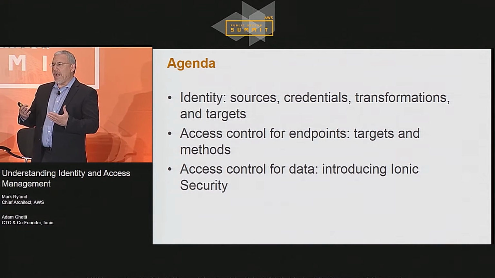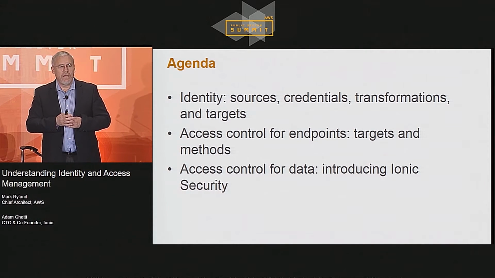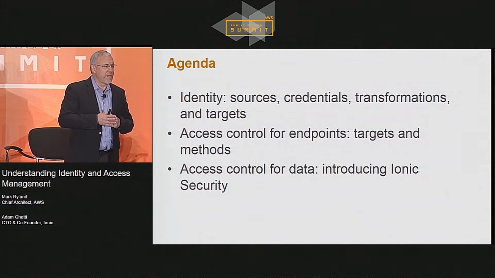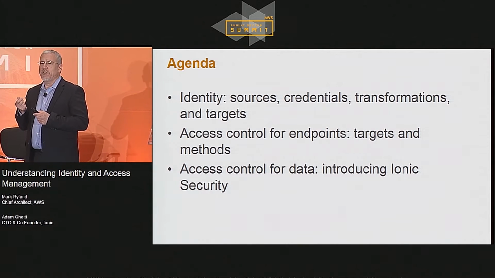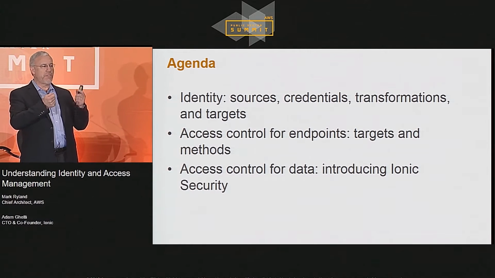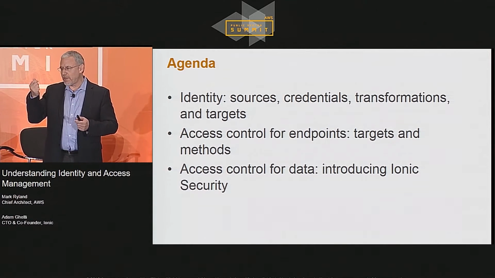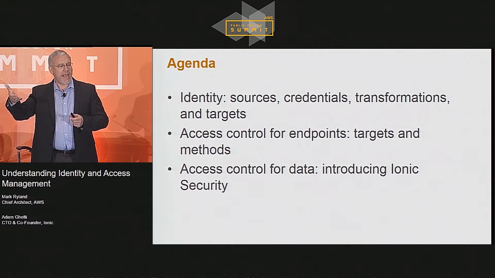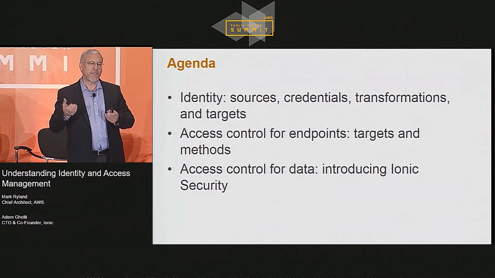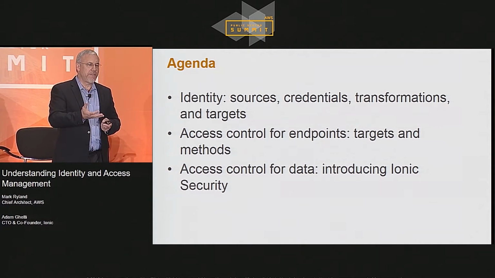And then a very nice segue to the Ionic security presentation, because the holy grail of access management is, okay, I can do all these cool things with identities, I can do all this great stuff with access control, but once data leaves the endpoint, leaves the application, leaves the service that I operate, how do I control the data itself?